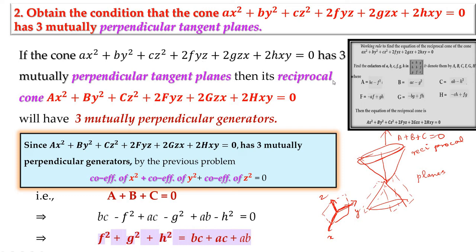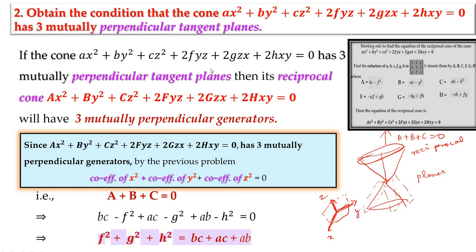So if the cone has three mutually perpendicular tangent planes, then its reciprocal will have three mutually perpendicular generators. Now if this equation has three mutually perpendicular generators, by the previous problem, coefficient of x square plus coefficient of y square plus coefficient of z square should be 0.